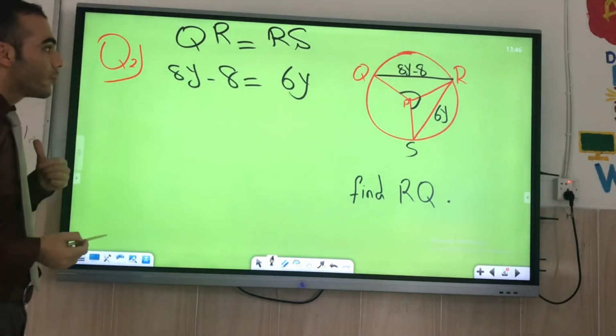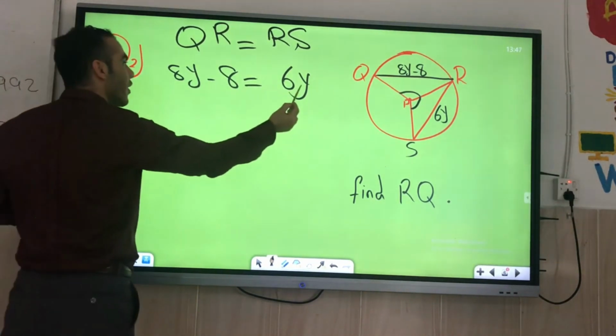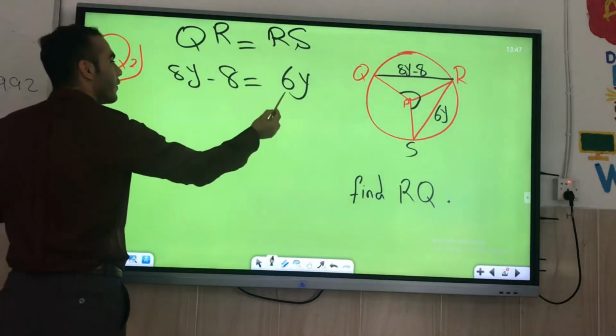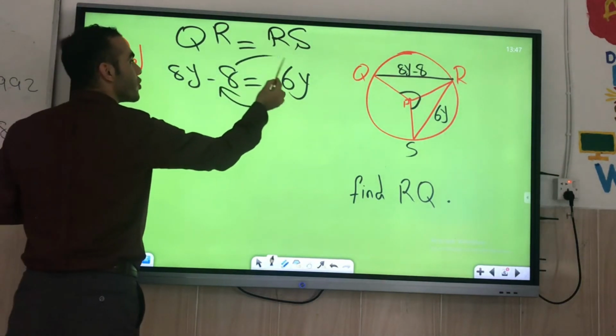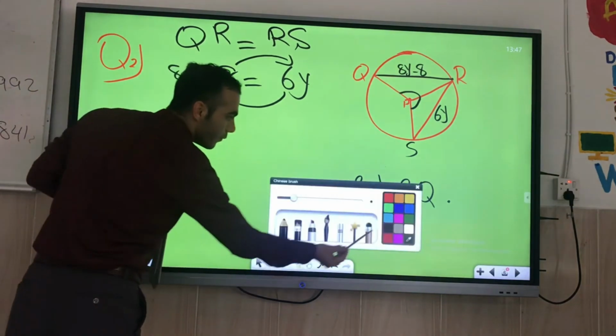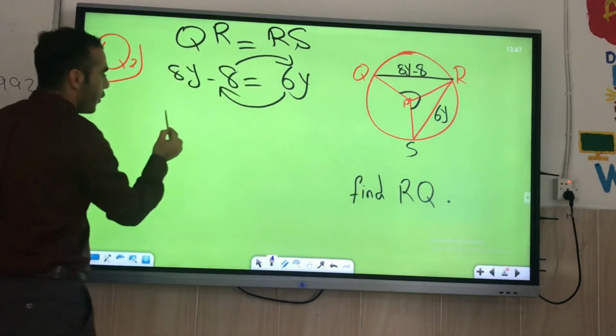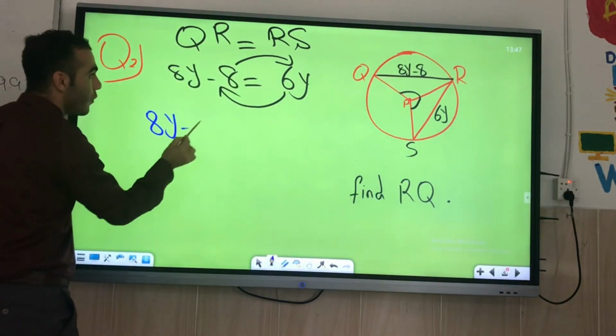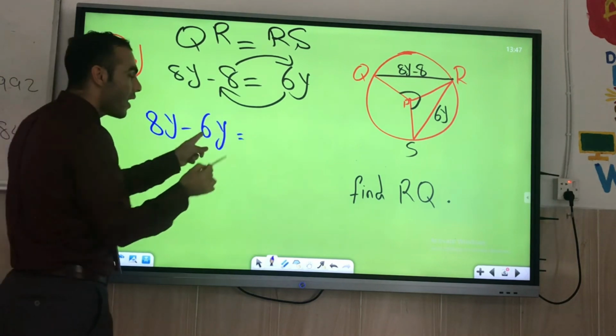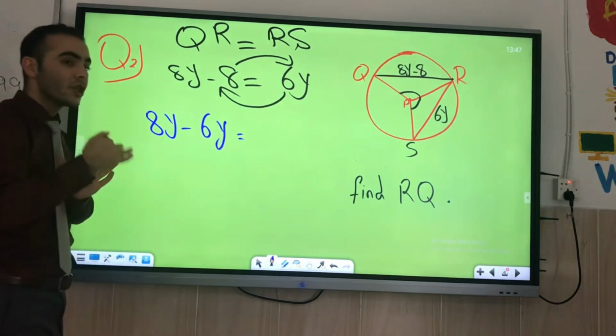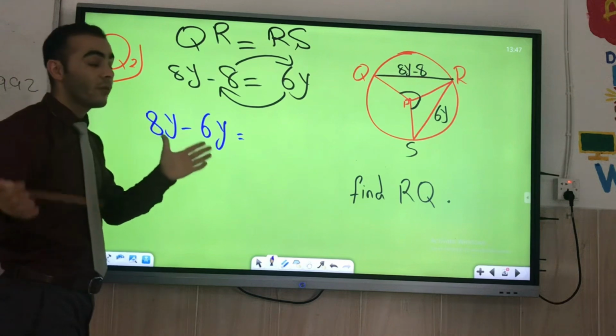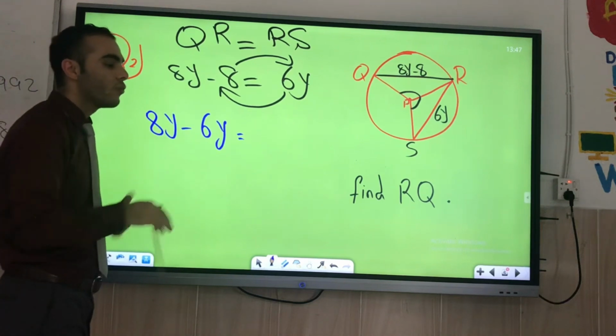Remember in the previous section we said that we will move the smaller variable to the bigger one, and the number to the other side. So 8y minus 6y. It will become minus 6y because we change the sign of the term. And we said whenever we do that, automatically the sign will change.